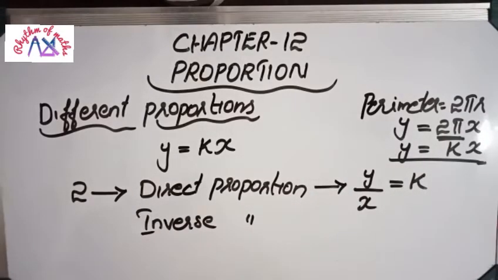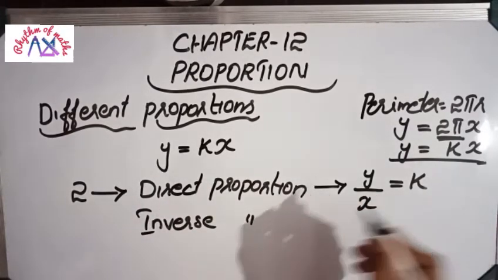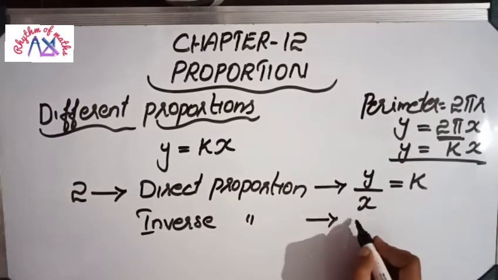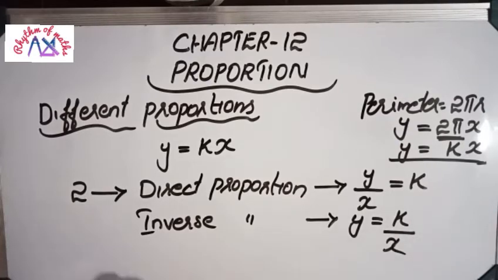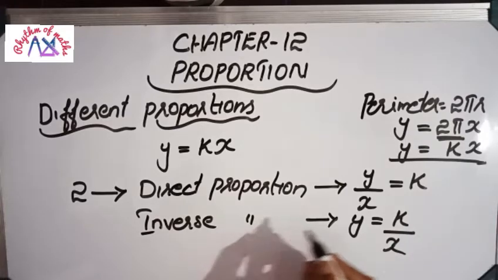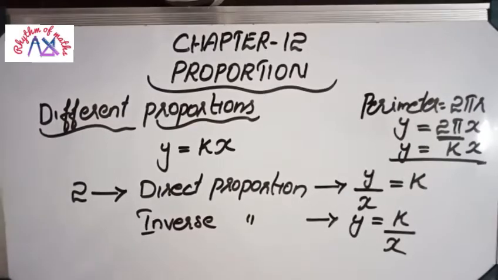Now inverse proportion means a quantity is proportional to the reciprocal of another quantity. For example, we must get y equal to k by x. If we get this form, then that proportion is inverse proportion. This proportion we have learned in physics; inverse proportion is mainly seen in physics.